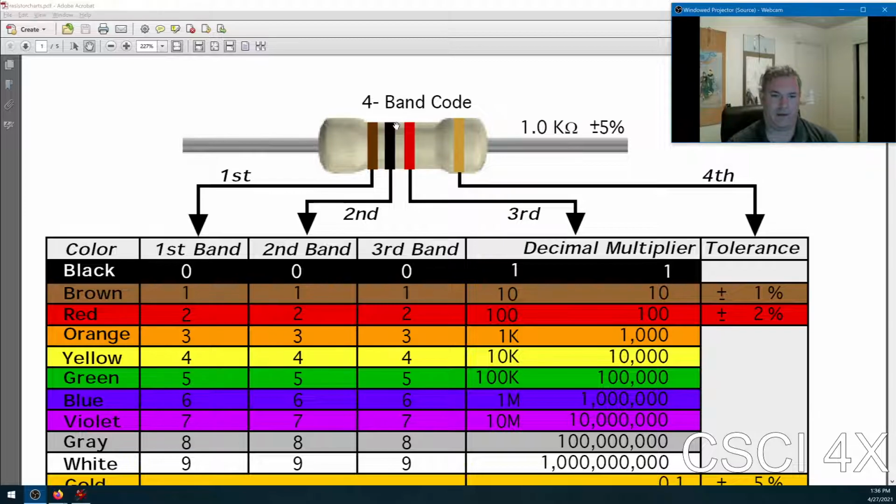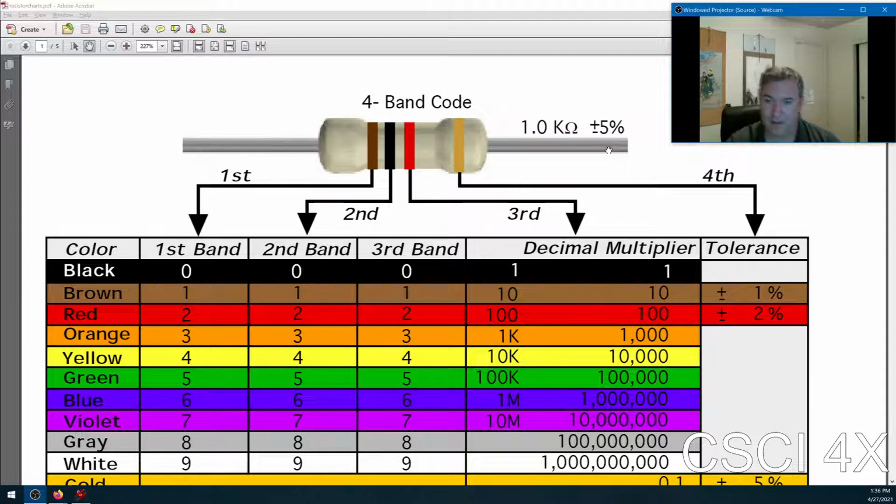So if you had brown, black, red: brown is the number 1, black is the number 0, and red indicates times 100, essentially 10 to the second power. So this would be 10 times 10 to the second power, or 1,000. So this is 1,000 ohms.